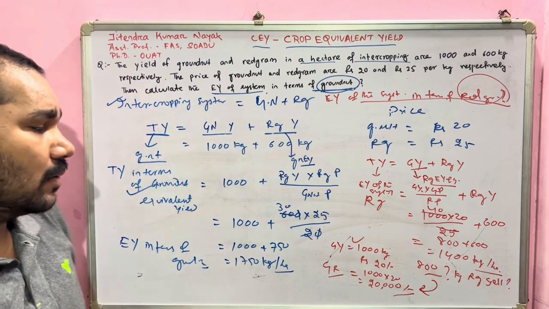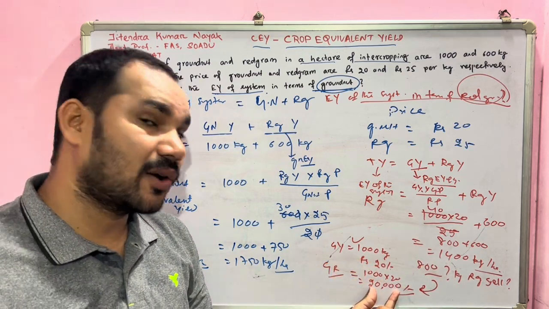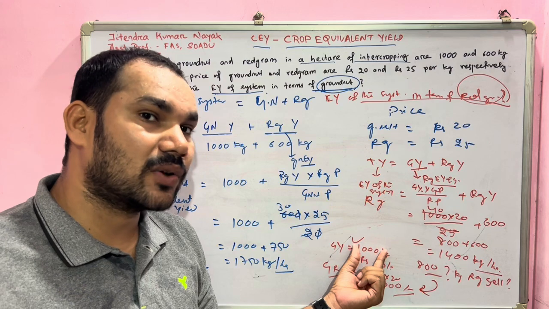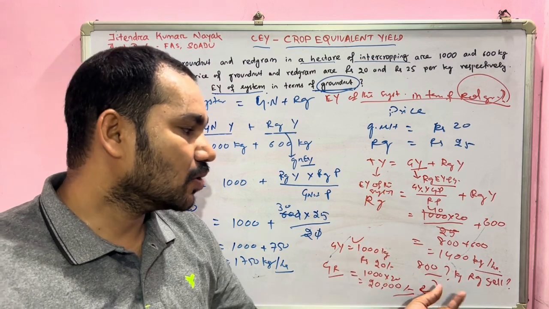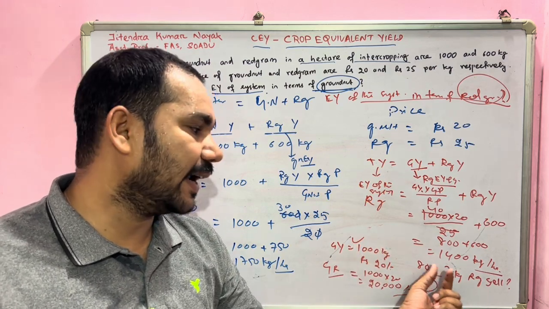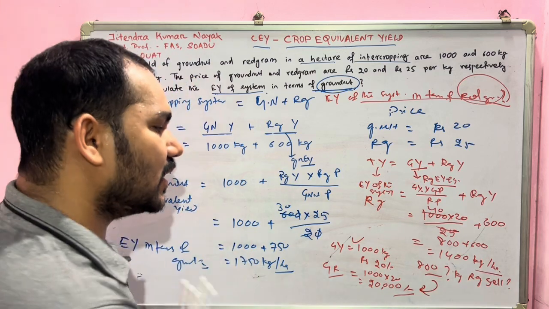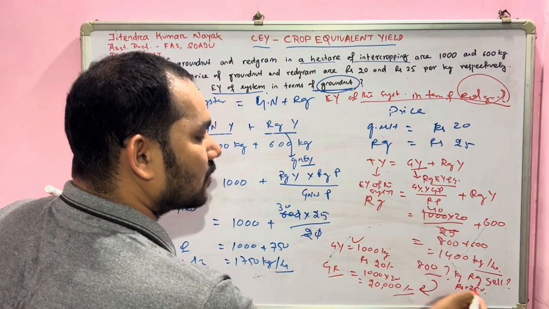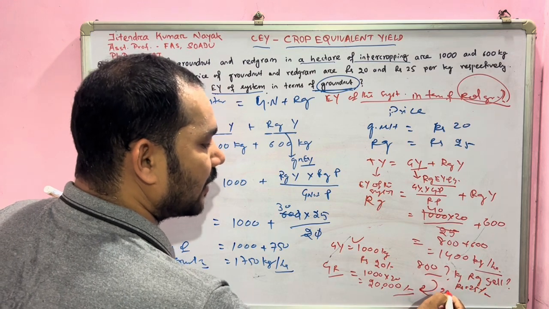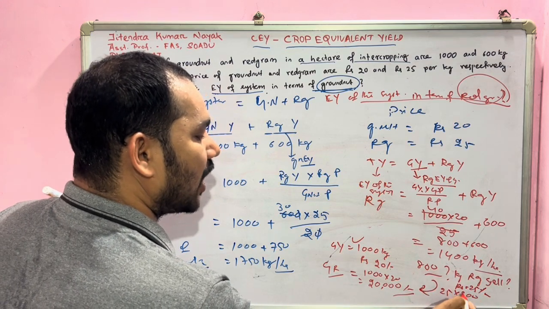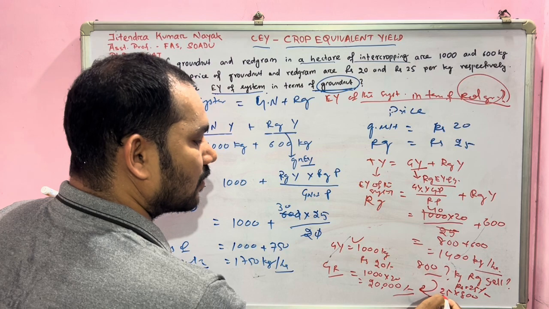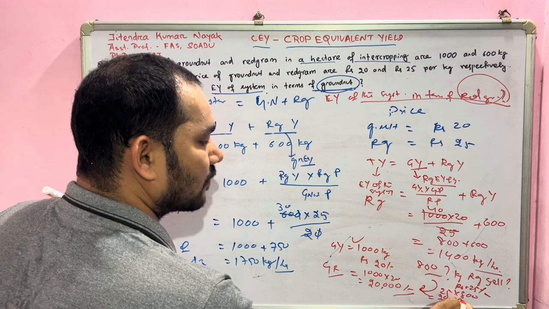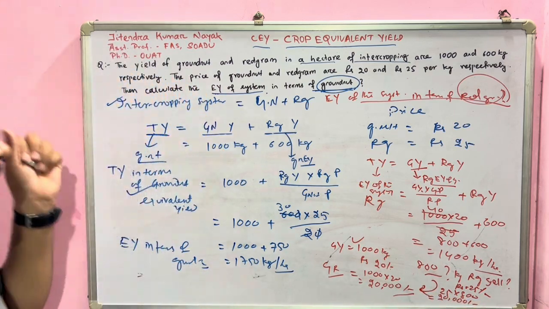That means the gross return I get by selling 1000 kg of groundnut is equal to the gross return by selling 800 kg of red gram. You can see here, suppose red gram price is 25 rupees. So calculate it, 25 into 800. How much? 20,000. Okay.